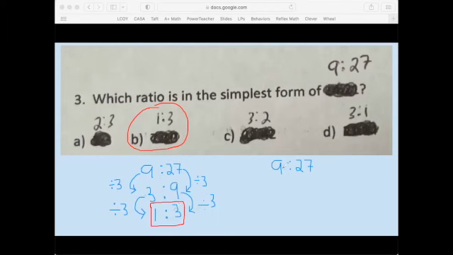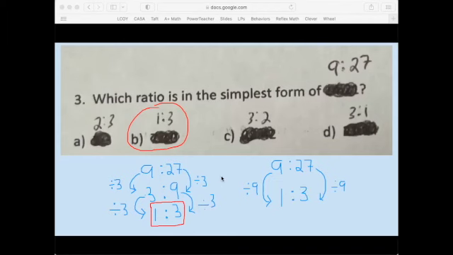But I also know that 9 and 27 are both multiples of 9, which means I can divide 9 by 9. I can divide 27 by 9 as well. And when I do that, 9 divided by 9 gets me 1, and 27 divided by 9 gets me 3.